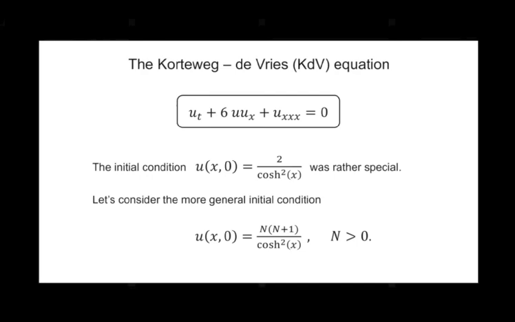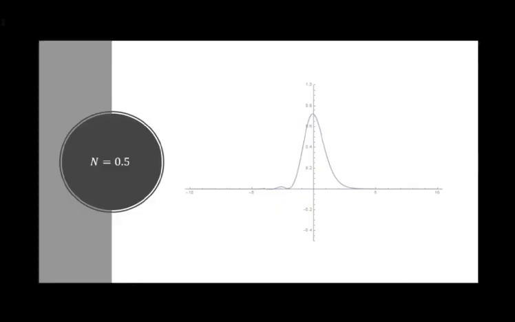Here the initial condition was rather special, so let's consider a more general initial condition. If we take the ratio y to 0 and x would be somewhere around n, so here it would be n multiplied by n plus 1 upon cos squared x. Here the x values are shown as 0.2, 0.4, 0.6, 0.8, 1.1.